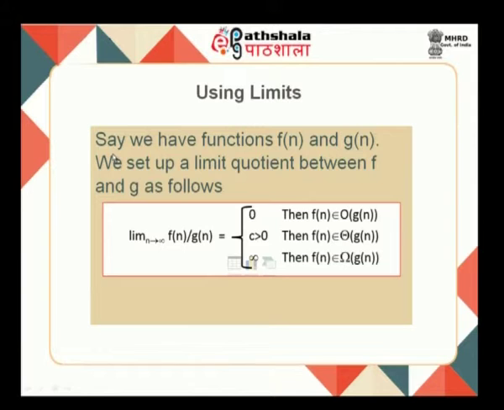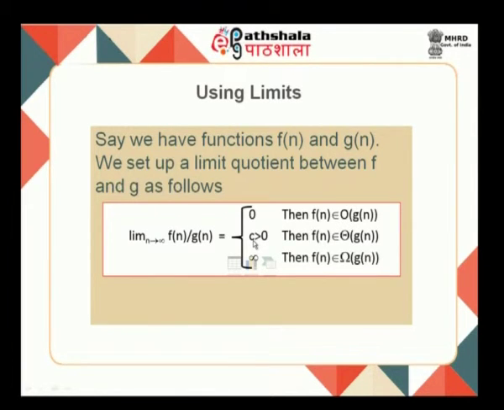So, using limits we can prove the complexity of these notations. For example, if we have functions f of n and g of n, and the limit as n tends to infinity of f of n by g of n is 0, then we can say that f of n is big O of g of n.